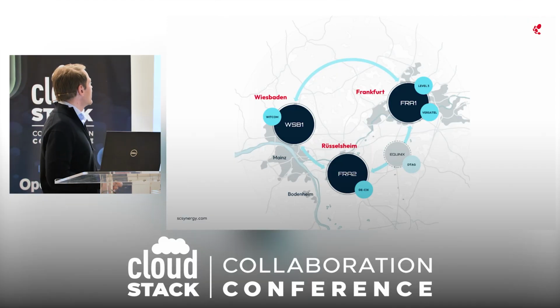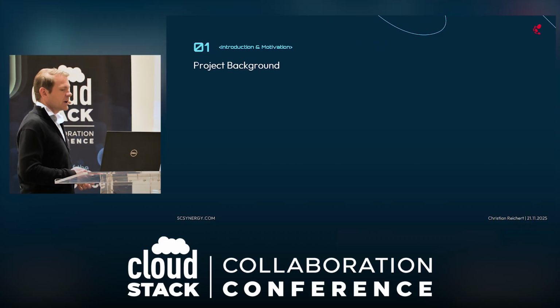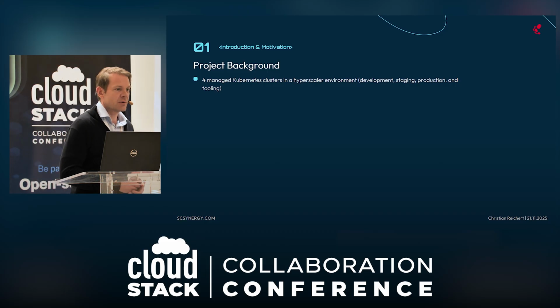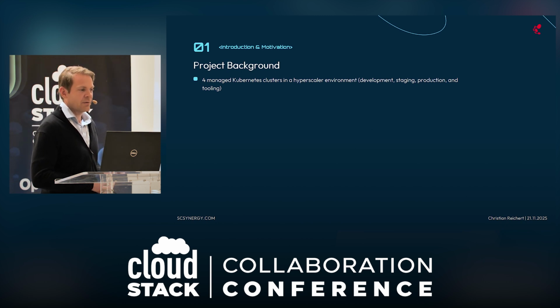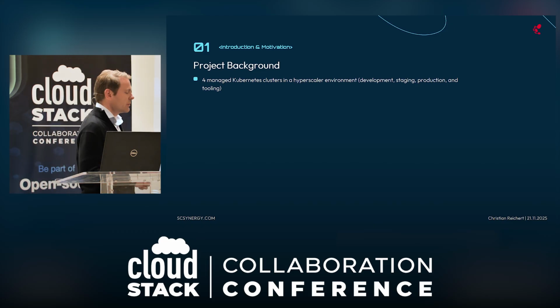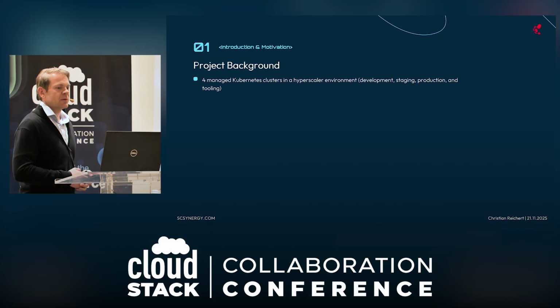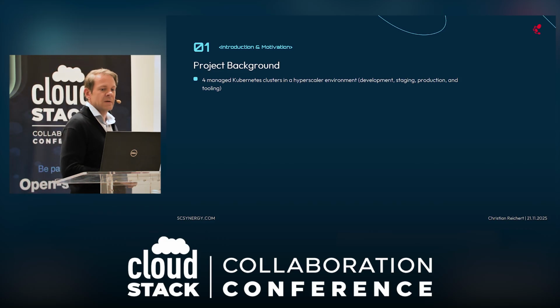Now let's dive into the project. First, a little bit of project background. I cannot name the customer because that's quite confidential. It has to do with finance data, so it's a critical workload with critical data. The idea was to migrate 4 Kubernetes clusters out of Azure, a traditional setup of development, staging, production, and a tooling cluster.